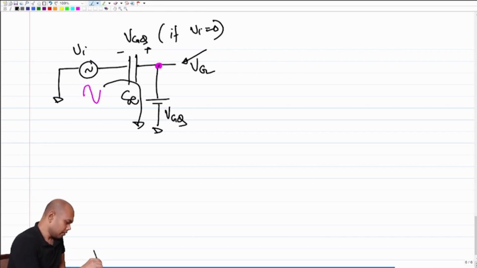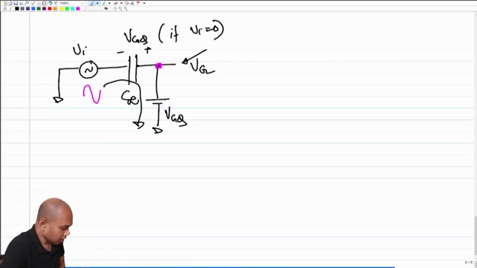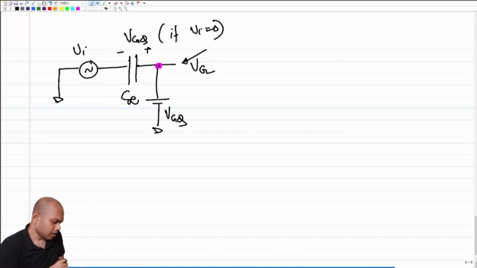So if we divide this problem into two different sub problems, and say that while Vi is a sinusoid, this battery here is a DC.